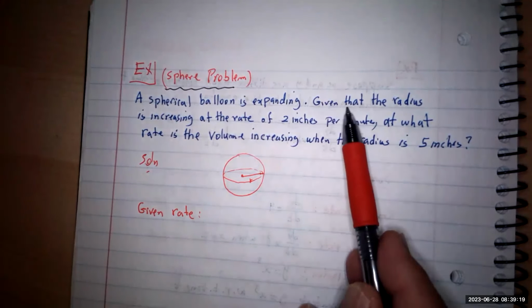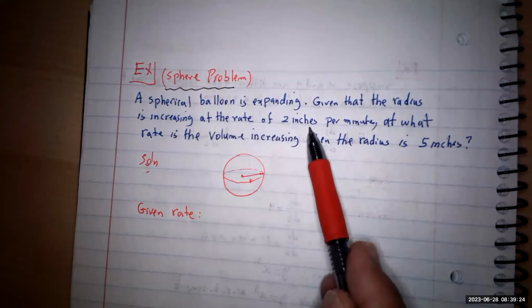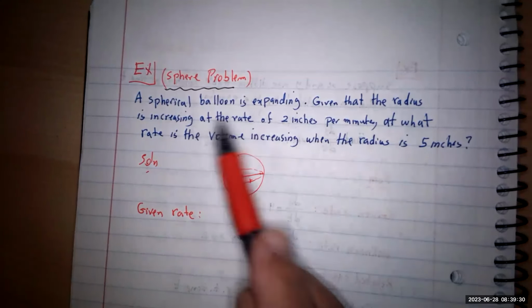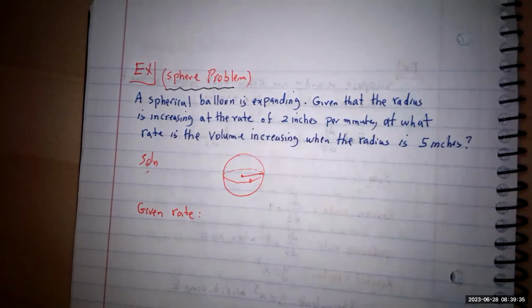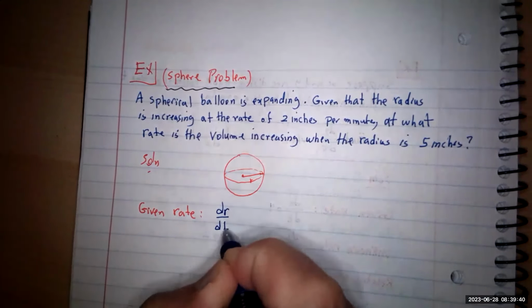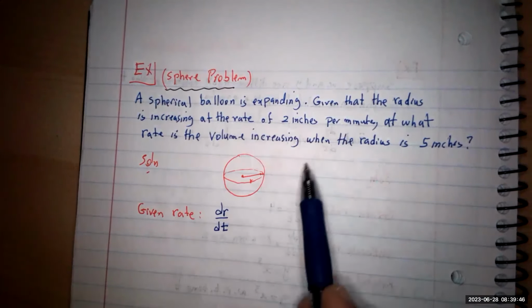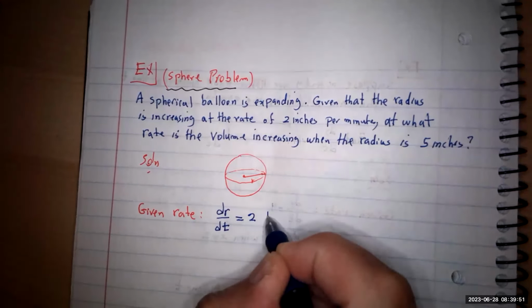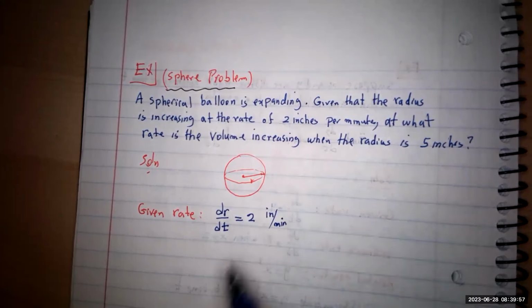Given that the radius is increasing at the rate of 2 inches per minute, that would be the rate of the radius. You consider the radius to be r, so the rate of the radius would be dr/dt. The dr/dt is given, increasing at the rate of 2 inches per minute, so it's going to be equal to 2 inches per minute. That's the given rate.